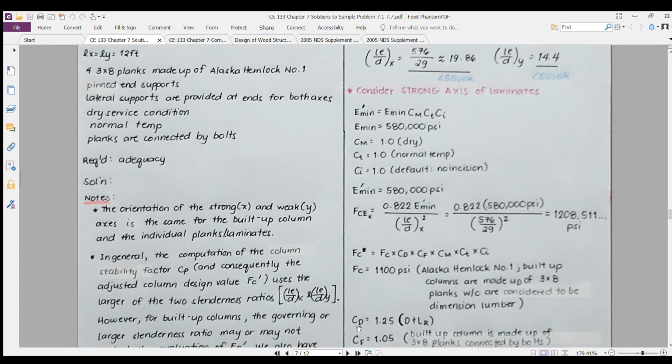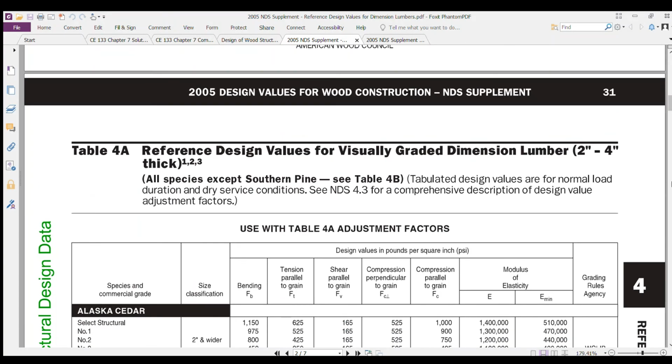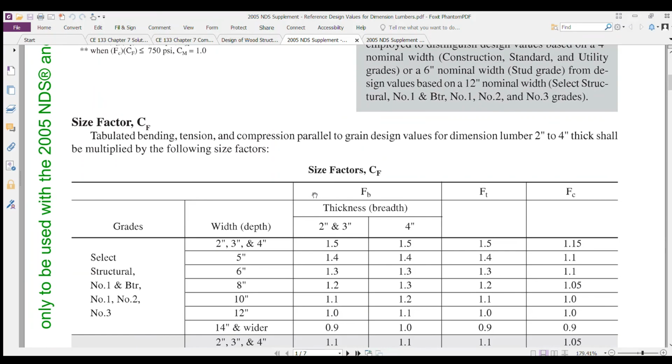So we have value of C sub D of 1.25 due to normalized load, since we're given the dead and roof live load. C sub F is equal to 1.05. Let us check here. C sub F of 1.05 for F prime C.